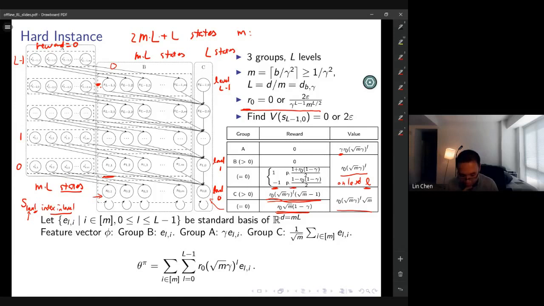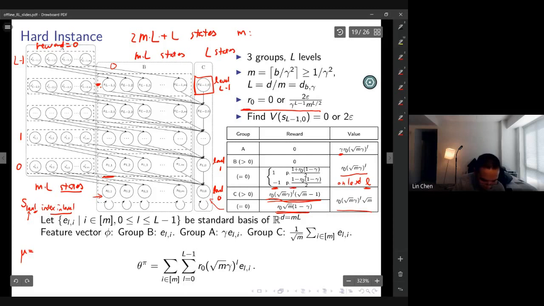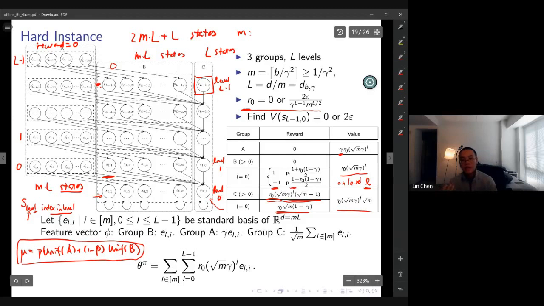And the state we would like to estimate is this state. And the data distribution will be a mixture of uniform distribution on group A and the uniform distribution on group B. We'll go back to this later, but we will not have access to states in group C.